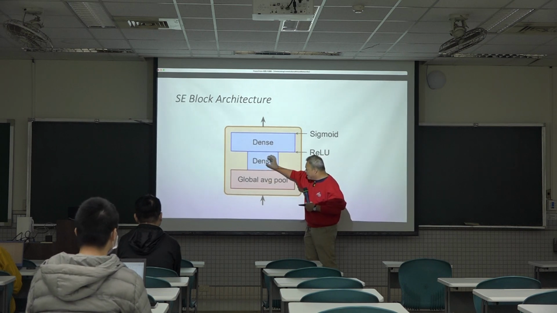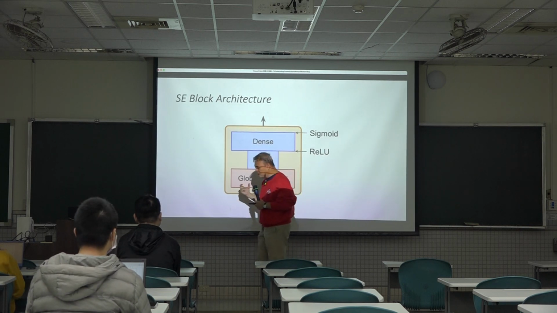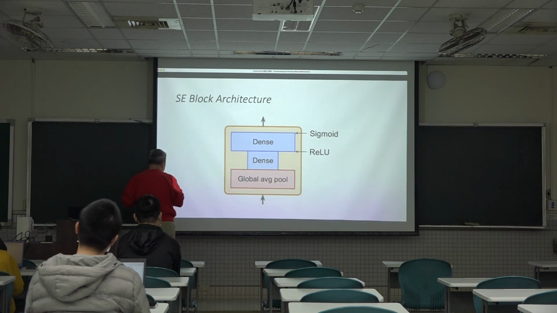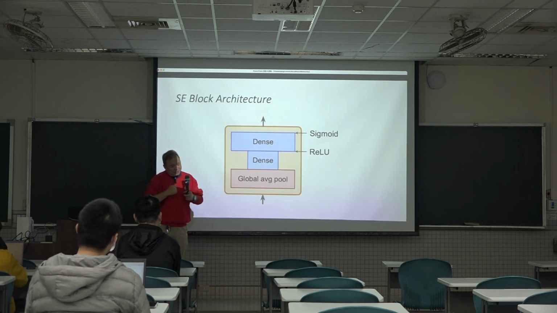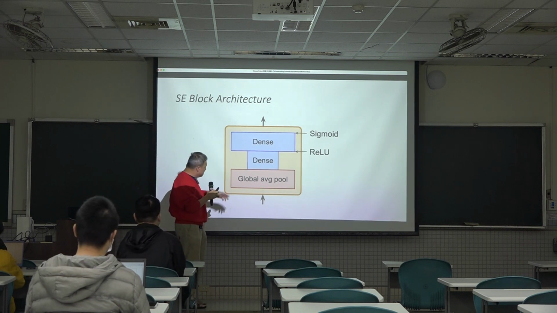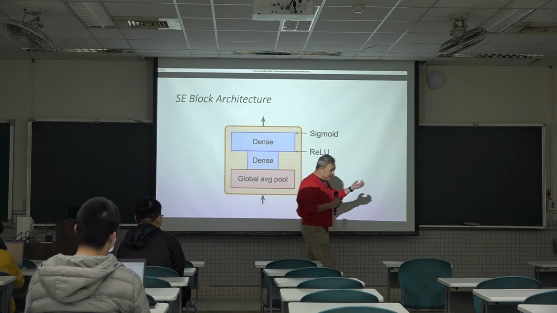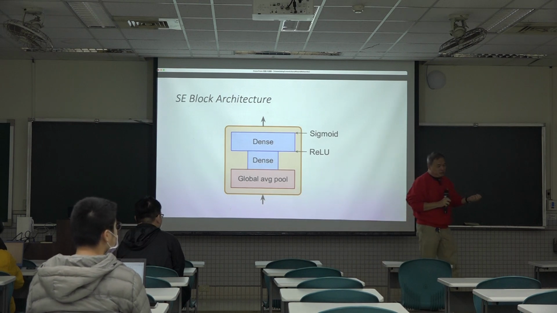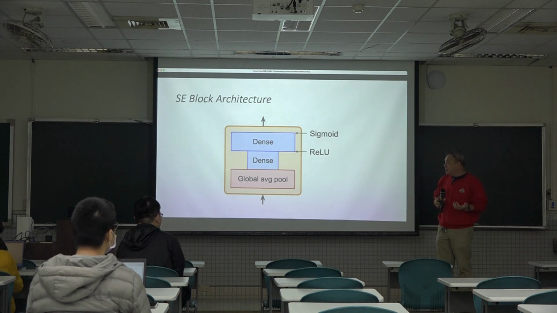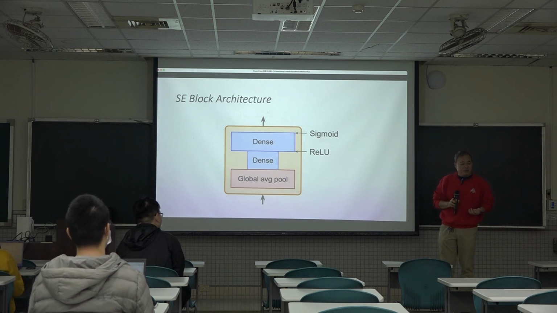Basically, it's 16 times smaller than the global average pooling result. This is where the squeeze happens. We want to squeeze this output to make it the embedding. The embedding is pretty much like a dimensionality reduction concept.